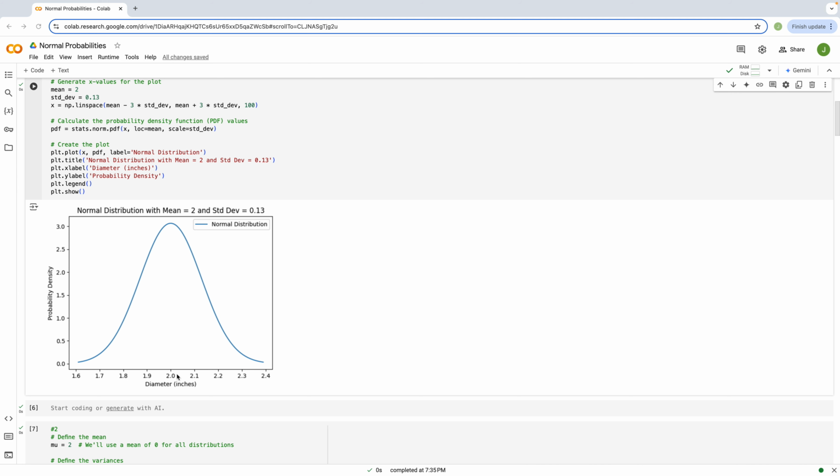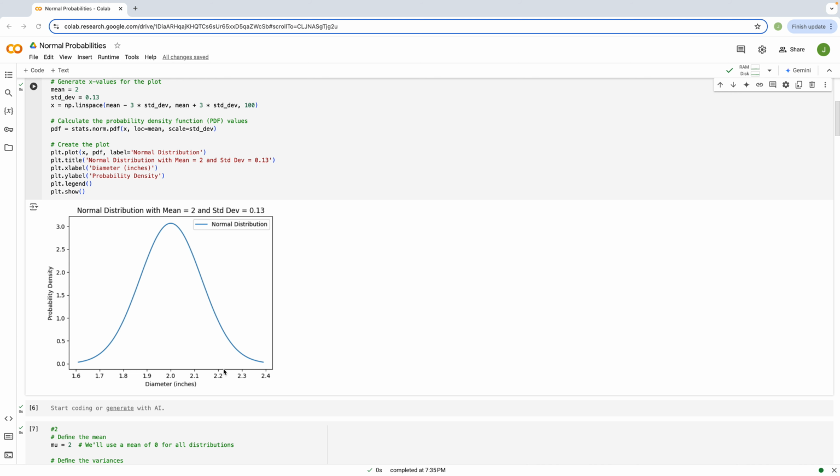Another is that the probability that it's misspecified, or misspecified by a lot, is very small. Probabilities far away from 2 inches correspond to typically smaller areas and smaller probabilities.